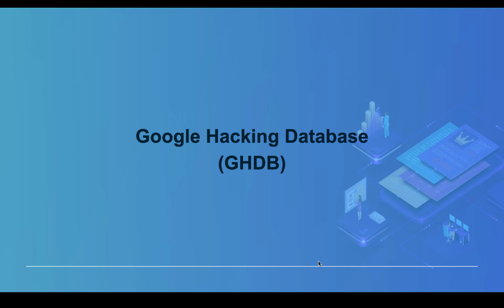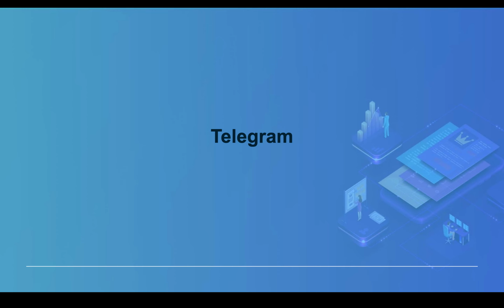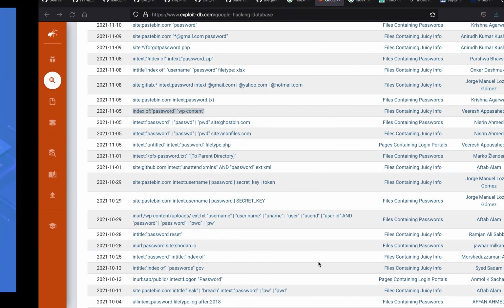After learning GitHub recon and the Google Hacking Database, let's move towards Telegram enumeration. Now, Telegram is just an application like our WhatsApp or other social media communication applications which are used for messaging and texting others. Using Telegram enumeration is pretty easy as compared to other enumeration.